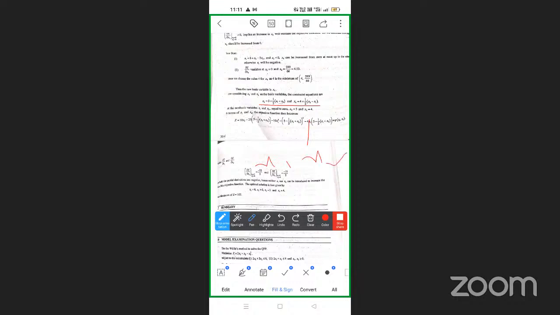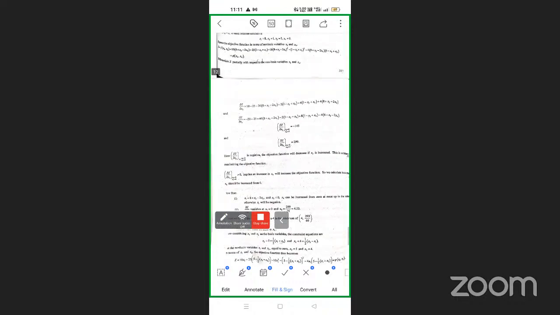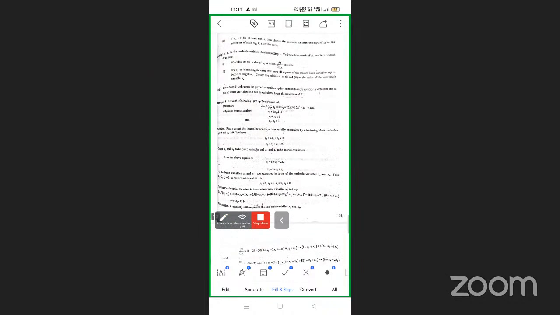So we are getting answers: minus 35 by 2 and minus 15 by 2. These are the final answers. Two cases: basic variables x1, x2, or basic variables x2 and x4. Or we can also choose x1, x3 and x4.